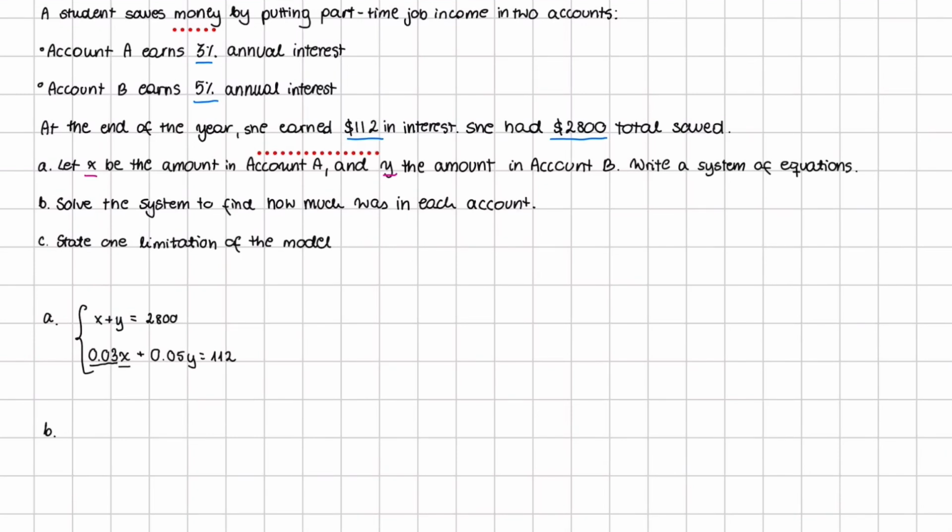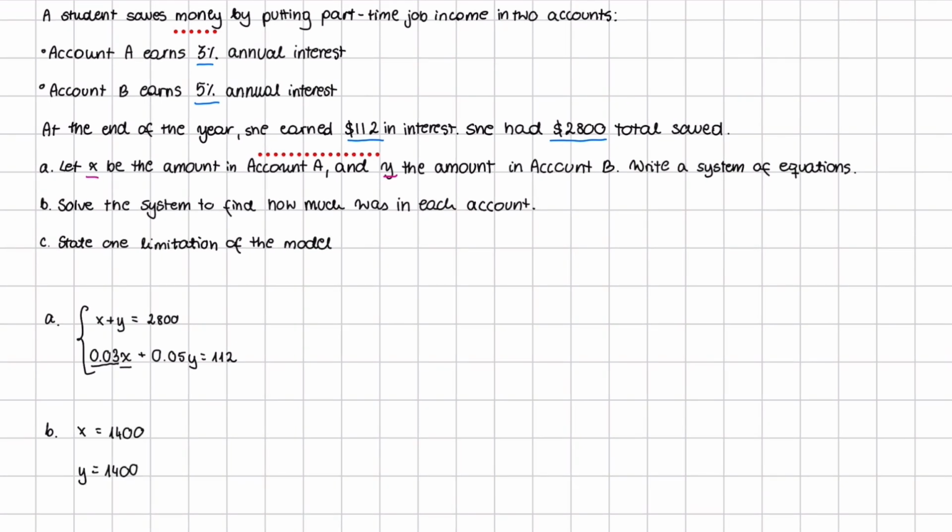In point B, we have to solve our system of equations to find how much was in each account. So we can simply find our x and y by typing it into our GDC into simultaneous. If you typed it correctly, our answers are the same, so $1,400. And if you are not sure, you can substitute it into our system of equations and see that they are correct.